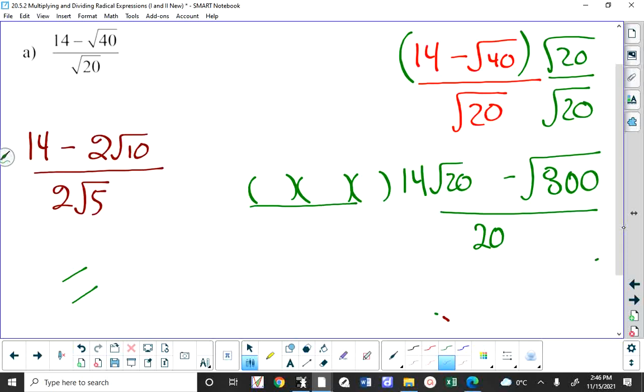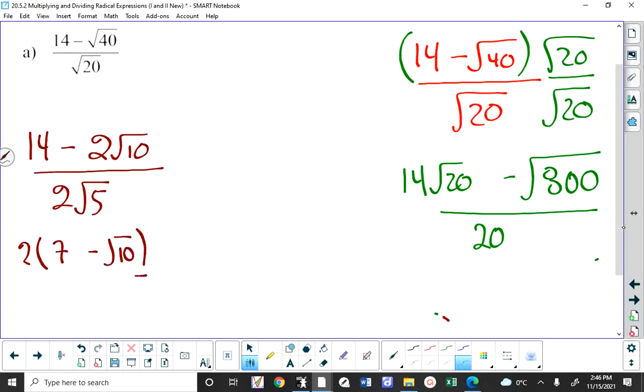But can I factor a 2 out of the top? There's a factor of 2 in 14, and there's a factor of 2 in 2 root 10. So now, are those two 2's factors? Yes.